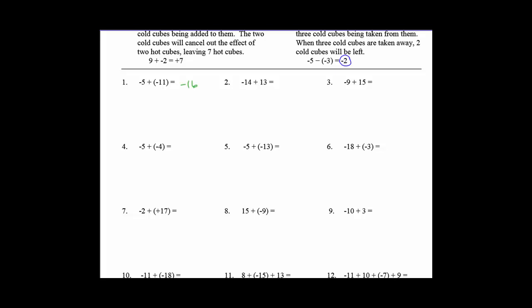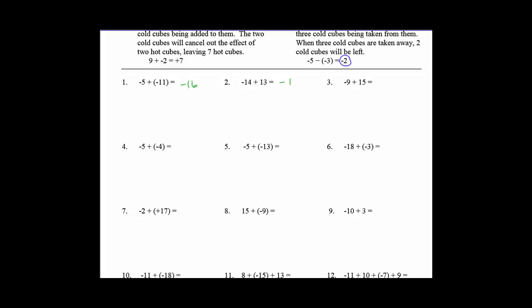In problem number 2, we have 14 cold cubes, and we're going to add in 13 hot cubes. There's no negative there, so those cubes must be hot. So the 13 hot cubes will cancel out 13 of the negative, or the cold cubes, and we will end up with only 1 cold cube left, or an answer of negative 1.